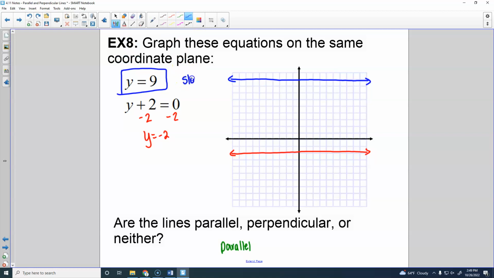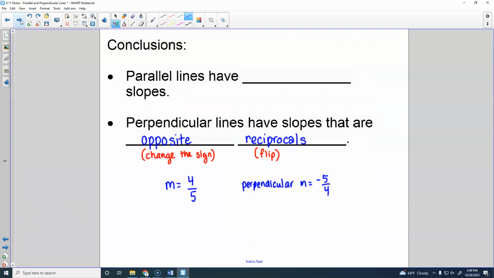Oh, I can't really highlight the slope on this one. What's my slope of the blue line? It's 0. Right? And the slope of the red line? Also 0. So, conclusions here, parallel lines have the same slopes.